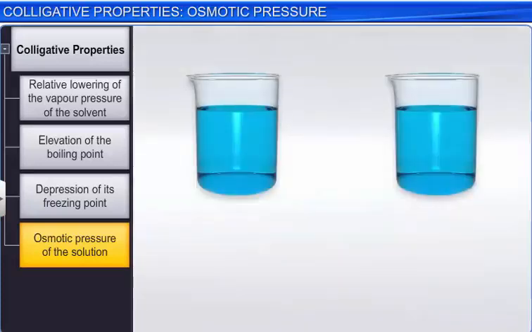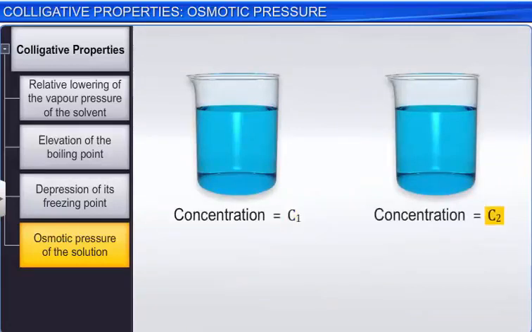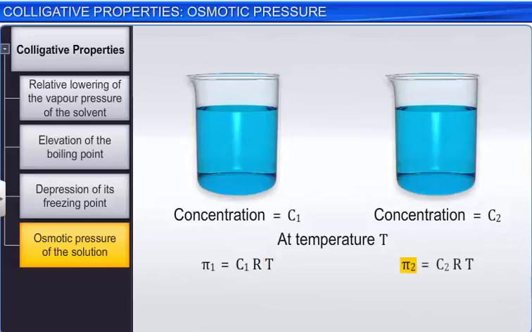Let us consider two solutions with concentrations C1 and C2 at temperature T. Then osmotic pressure for the first solution, π1 = C1RT, while osmotic pressure for the second solution, π2 = C2RT. Now, if the solutions have the same concentrations, that is, if C1 = C2, then π1 becomes equal to π2.